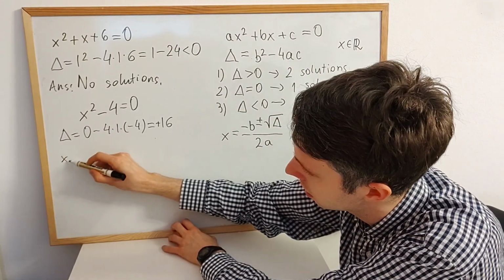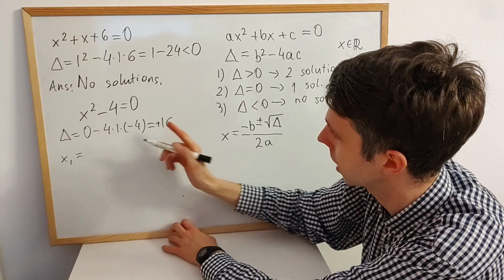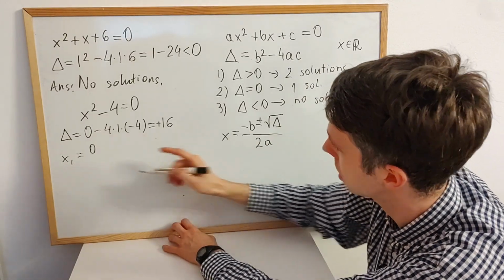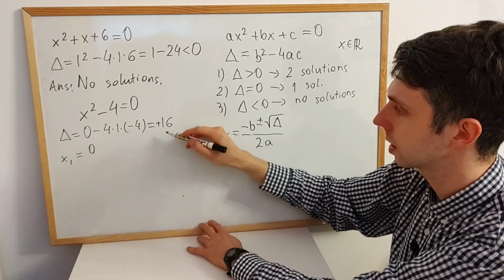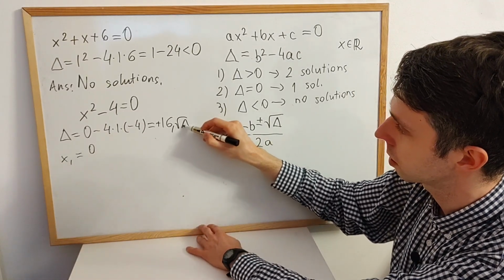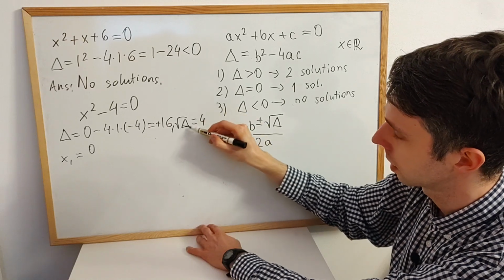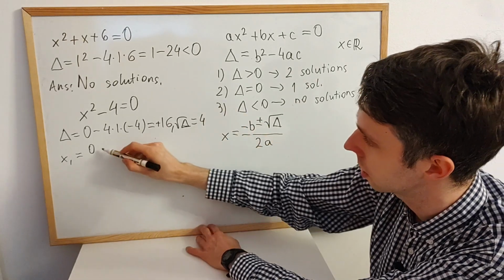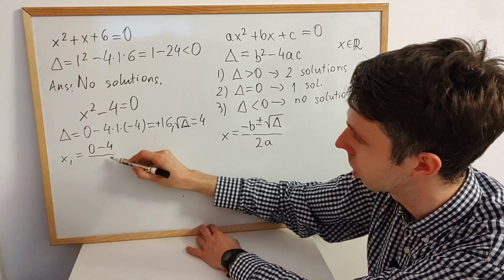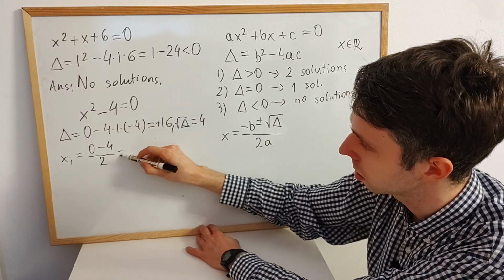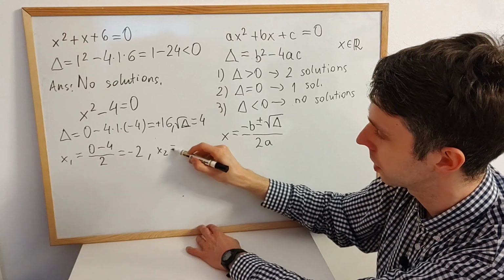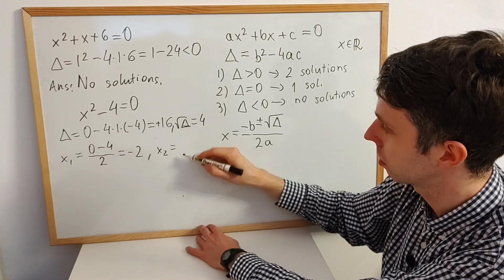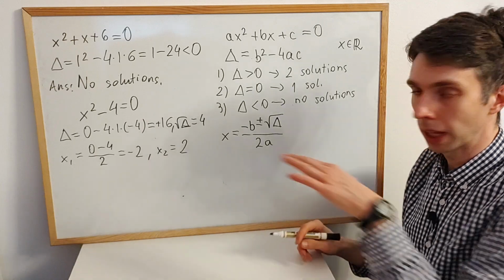You can find them: x1 is minus b, so 0, minus the square root of delta. If delta is 16, then the square root of delta is 4, so it's 0 minus 4 over 2, so it's minus 2, and x2 will be 0 plus 4 over 2, so plus 2.